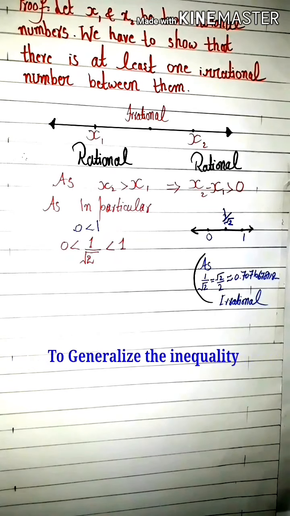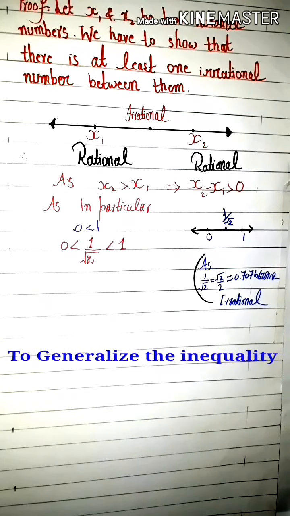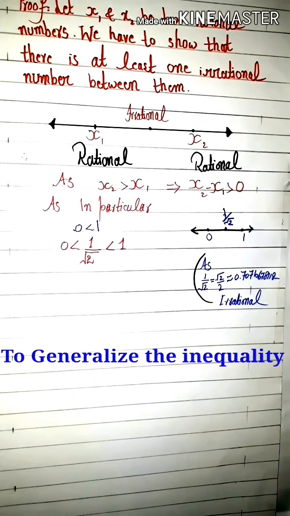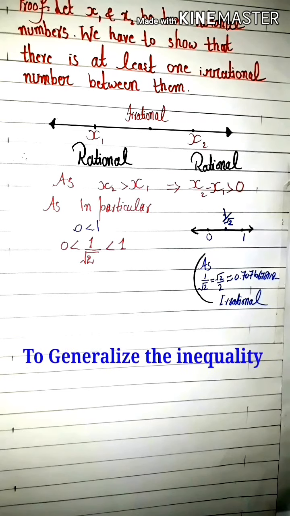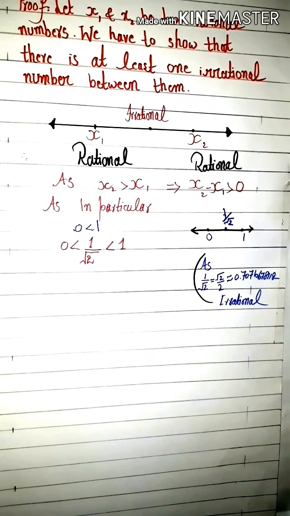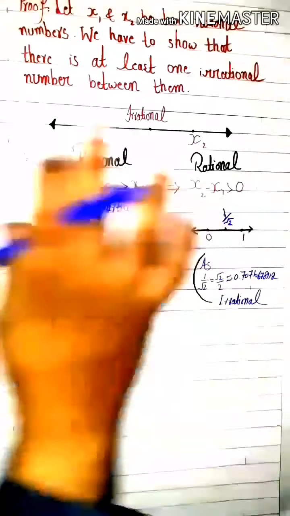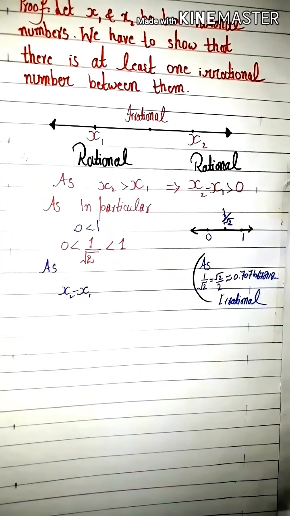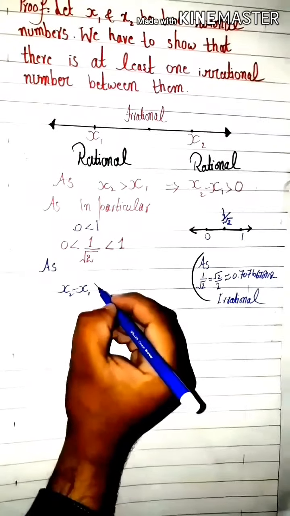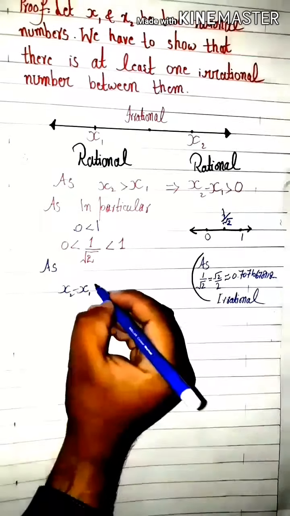Now we have to generalize the inequality. As there are infinite irrational numbers on the line of real numbers, and x2 minus x1 is greater than 0, x2 minus x1 is a positive value.